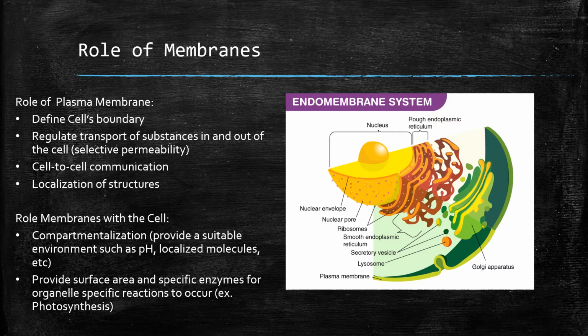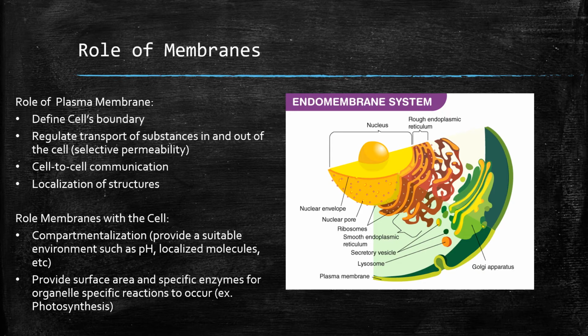The membranes within the cell, so think about like the nuclear envelope is one, the endoplasmic reticulum. All of our organelles are enclosed within a membrane. So our chloroplasts within our plant cells, things like that. Our mitochondria, for instance. And so the role of the membranes within the cell, or our endomembranes, again, is compartmentalization, just like the plasma membrane.